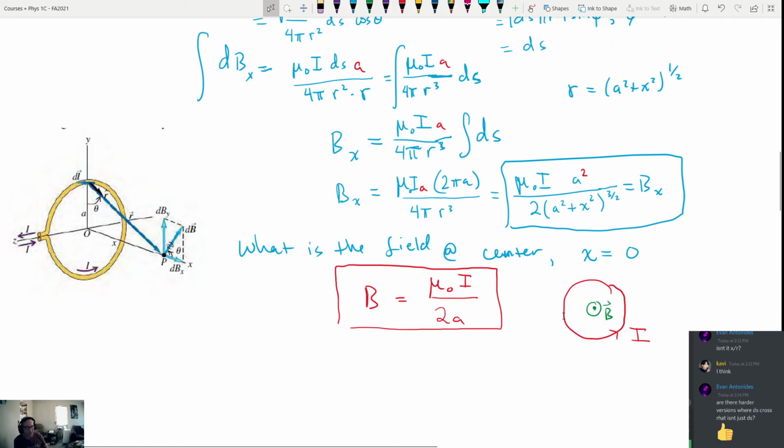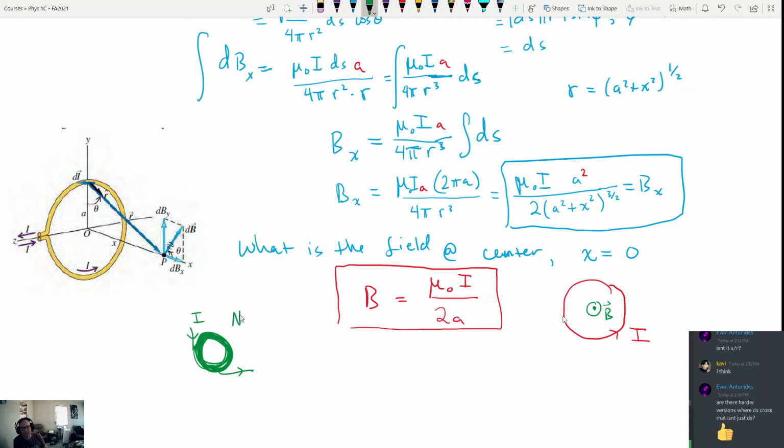Now, one other thing about this, the nice thing about loops of wire compared to long wires is that you can just stack loops on top of each other. Suppose I have a loop of wire, but it doesn't just stop. It's a continual coil of wire like this, a whole bunch of loops. The current comes in this way, and goes out this way. In the middle I have a bunch of loops of wire right here.